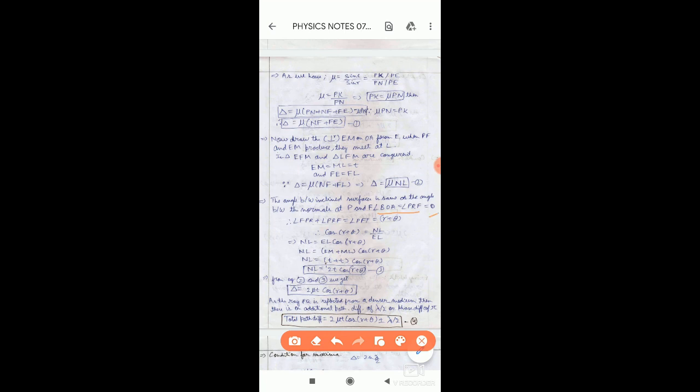Now angle FPR plus angle PRF equals angle PFT, which becomes r plus theta. Now cos(r plus theta) equals NL upon EL, so NL equals EL cos(r plus theta). From the figure, EL equals EM plus ML, which becomes thickness t plus t, 2t. So NL equals 2t cos(r plus theta), equation number 3.